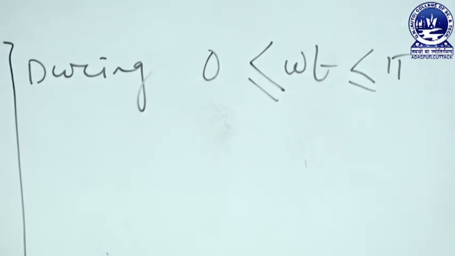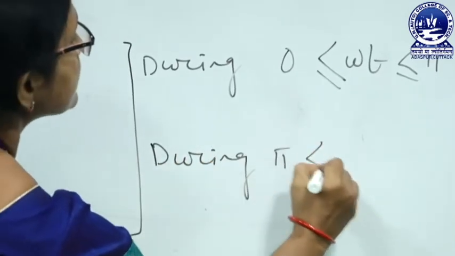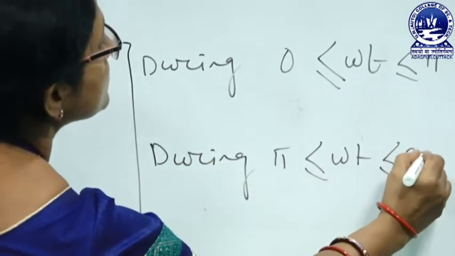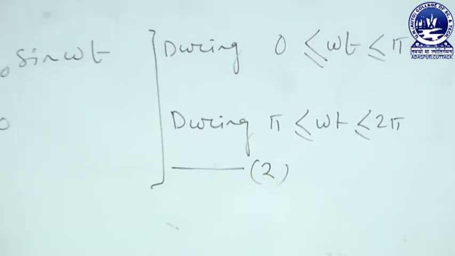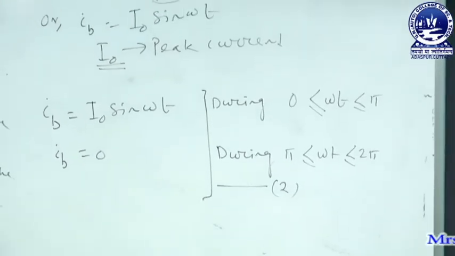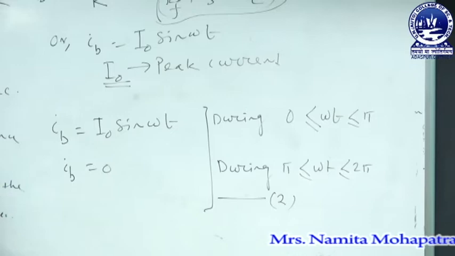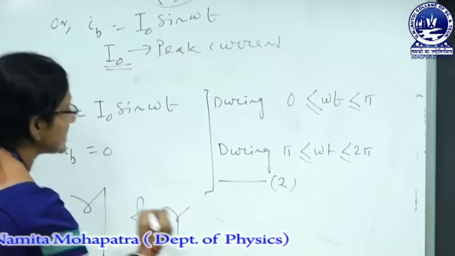IB equals 0, during pi less than or equal to omega t less than or equal to 2 pi. This is equation 2. But our determination is to find out the rectification efficiency eta and the ripple factor gamma.